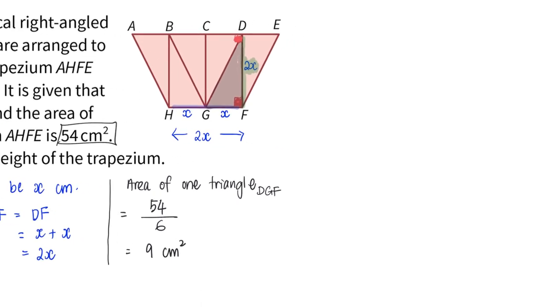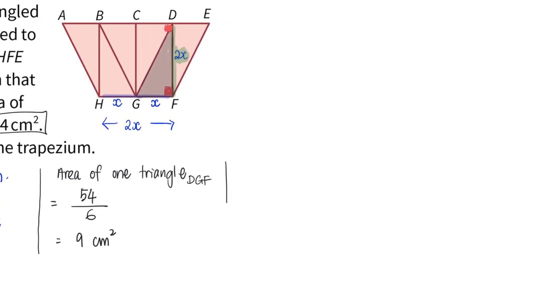Next, because now I know the base of this triangle is x, the height is 2x, which is what we are trying to find later on. So half times base, which is x, times the height, which is 2x, is equal to 9 cm squared.